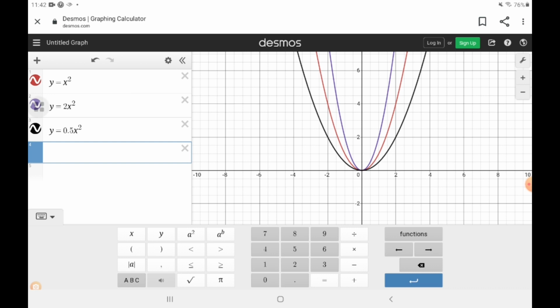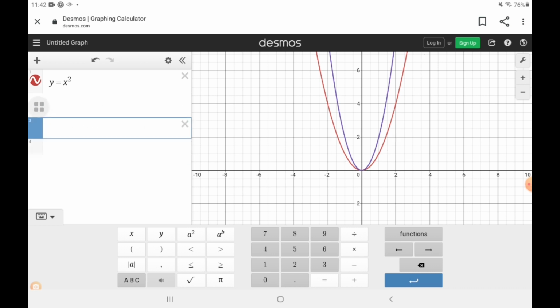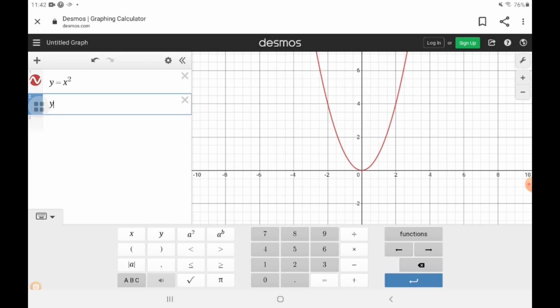Next, we will look at the translation. Let me enter an equation where there is a horizontal as well as a vertical translation: x minus 3 the whole square minus 8. Let's look at the graph here.